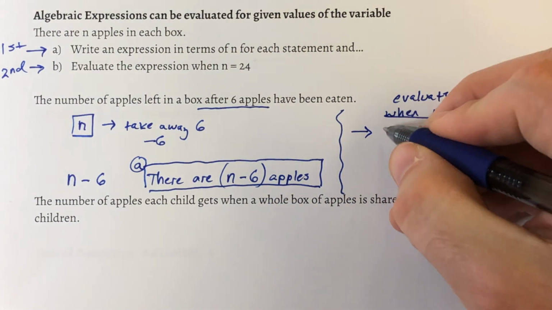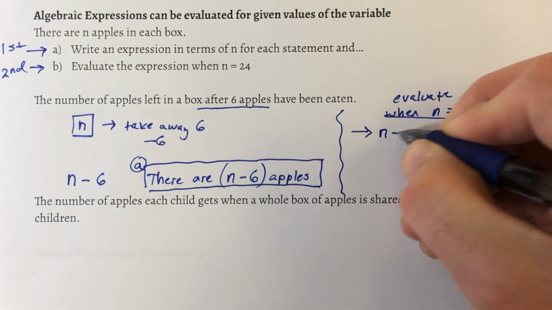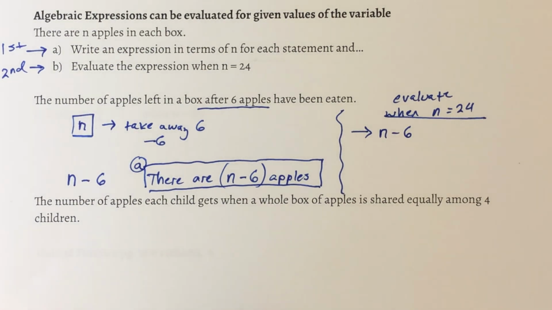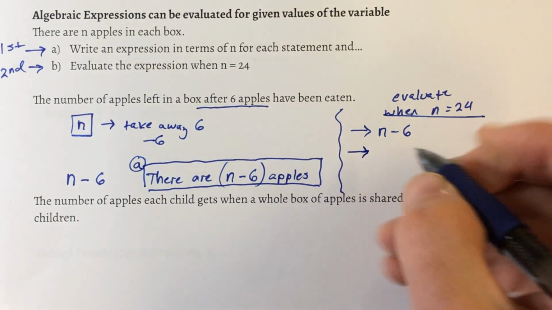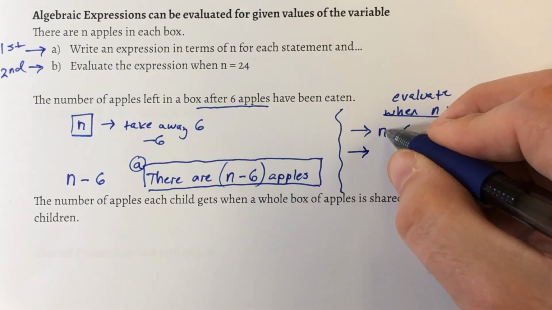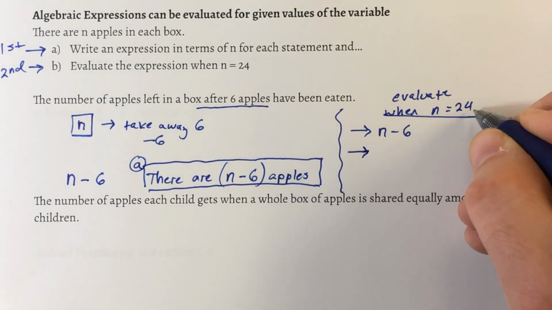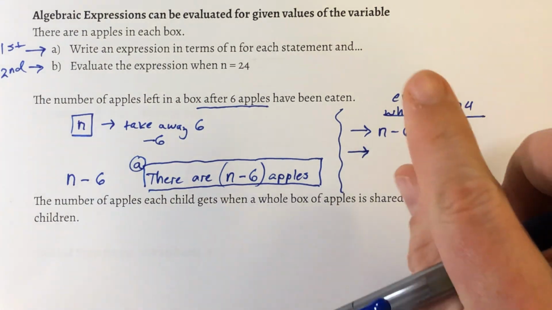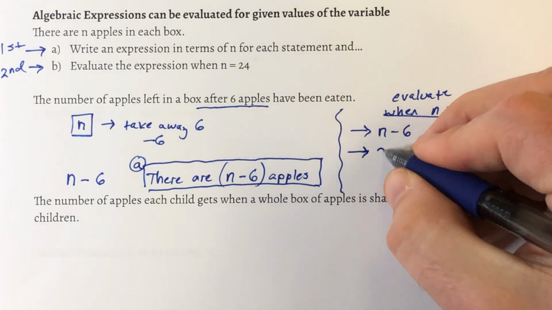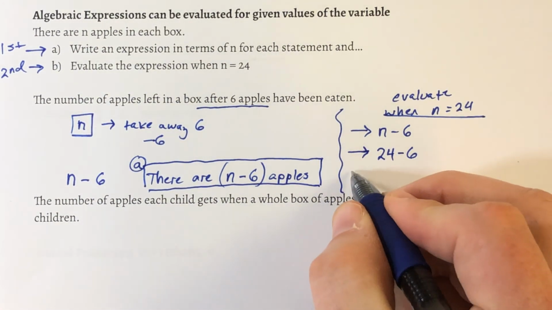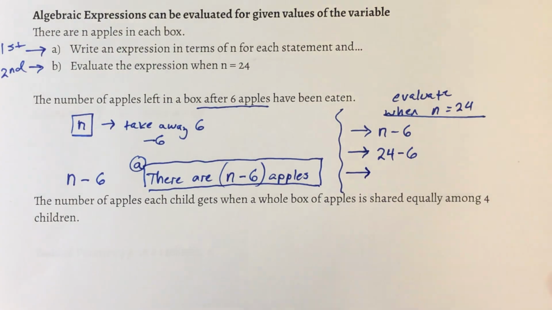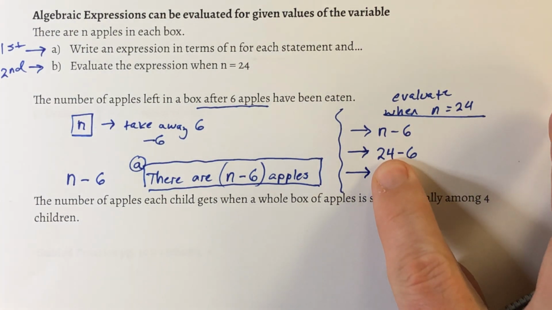This is how many apples there are after you eat 6 of them. Next step, we substitute, meaning we will replace the variable or variables with the given value. So we're going to swap out the n with a 24. We write everything else as we saw it, and then we follow the order of operations and solve step by step. So do one step at a time.